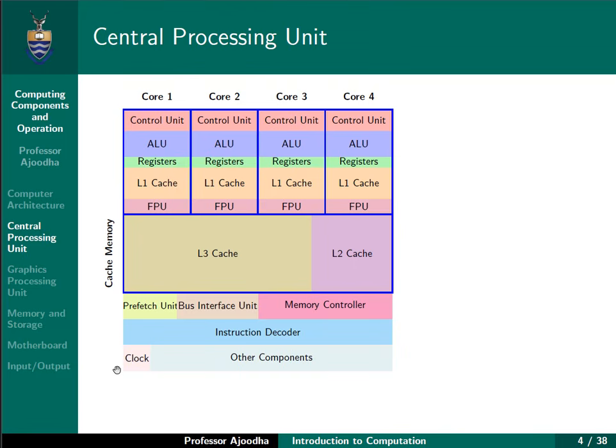So the clock synchronizes the CPU operations, and the instruction decoder, which is the blue thing over there and makes up about 10% of the CPU, translates instructions into executable actions. There are other computing components inside of the CPU, but I'm just going to call those other. These are the most important components of the CPU.